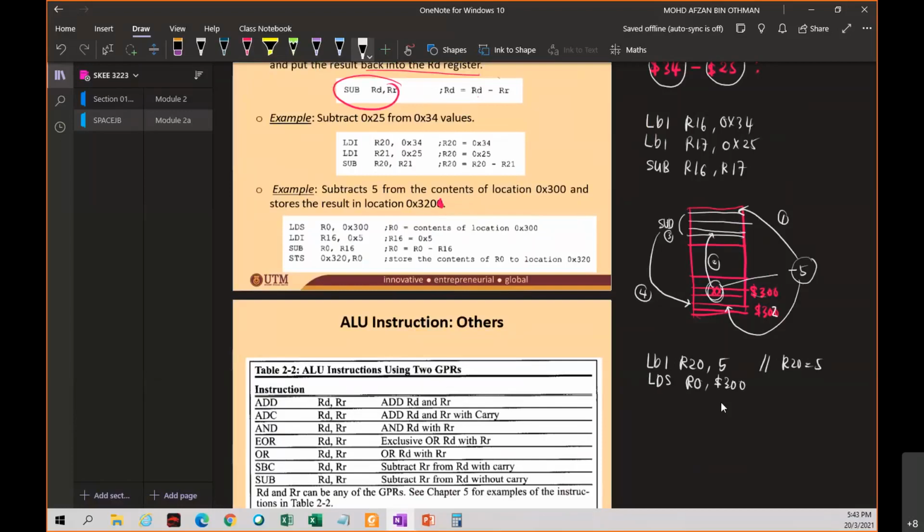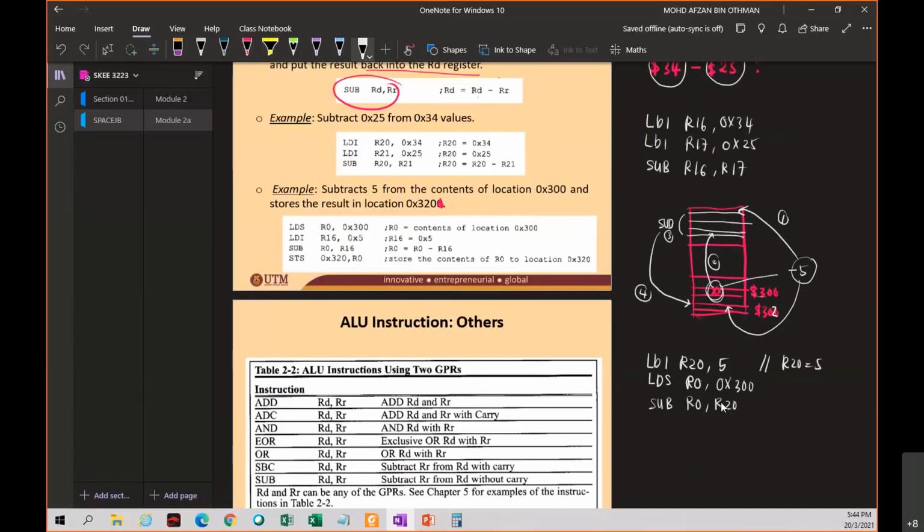Okay, saya pakai 0x lah. Sebab nak value alamat 300. And then baru subtract.